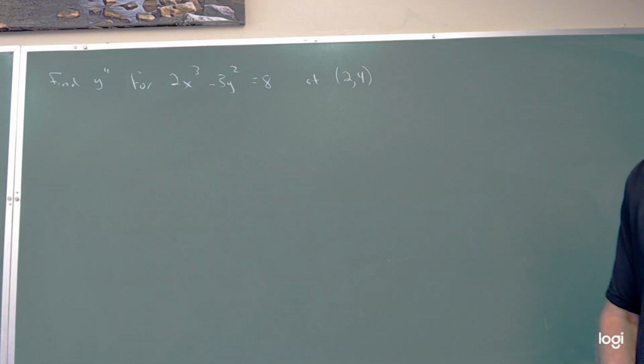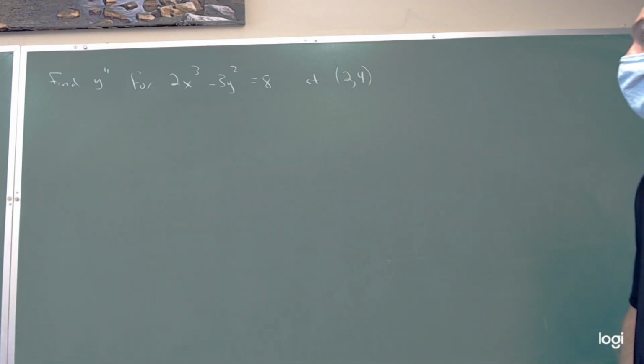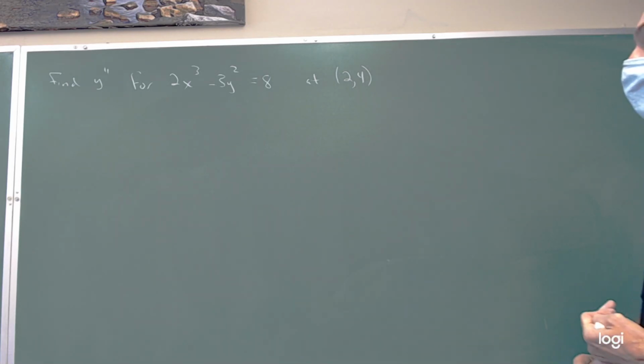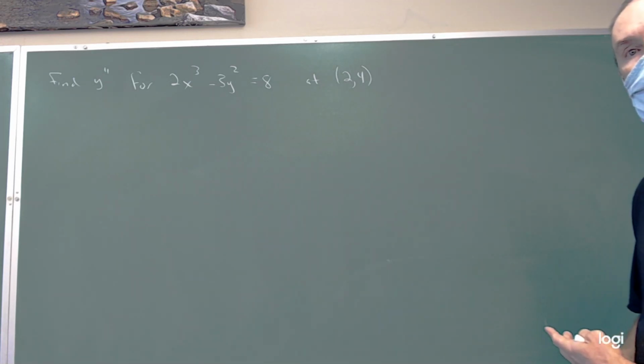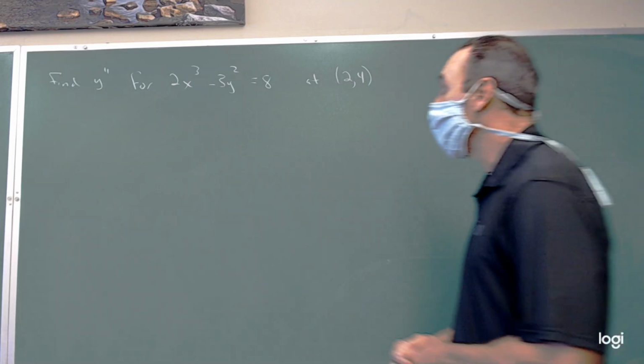Much simpler here. So we're going to first find y prime, and then we're going to do it again to find y double prime.